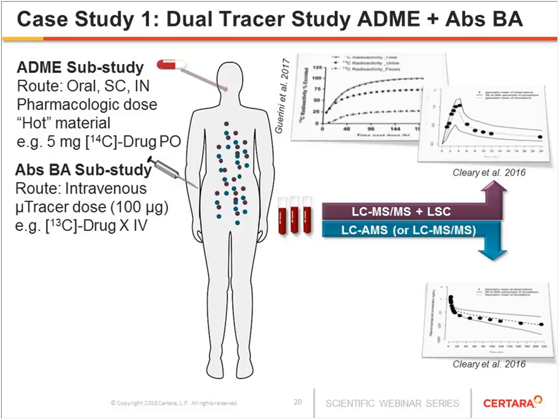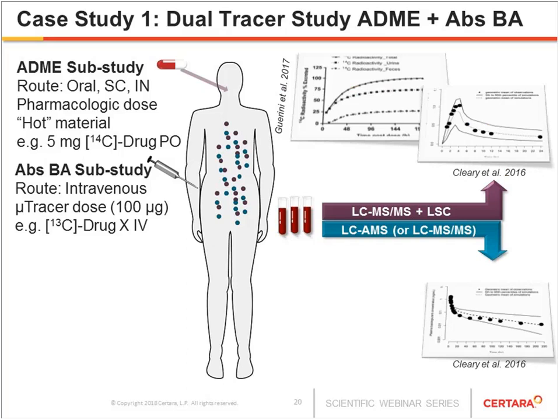What we would do then is sample blood and obtain a number of samples over time. We would then do our bioanalytics and obtain the concentration measurements from the oral dose, as you can see on the upper graph, the typical oral PK profile, in this case from the publication I mentioned.